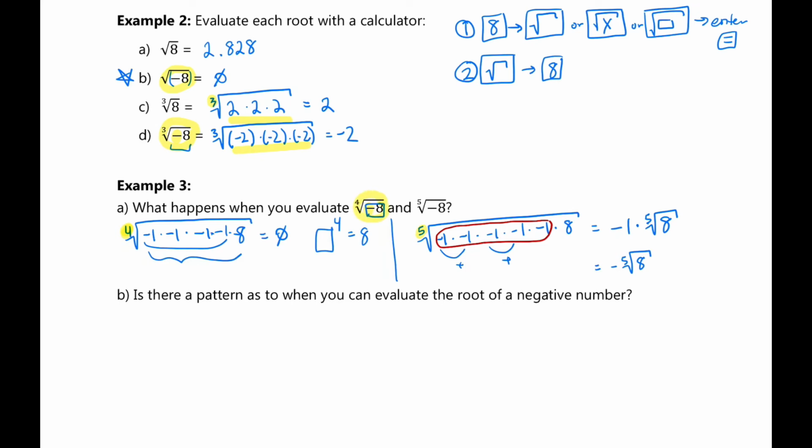The fourth root of a negative number was undefined, but the fifth root of a negative number was defined. So I guess the only difference was whether the index was even or odd. So we can explain that: even number index versus odd number index.